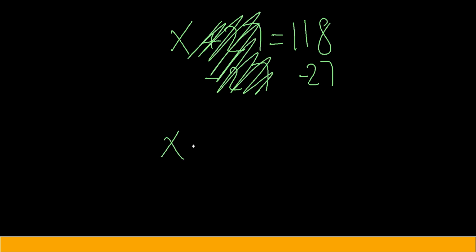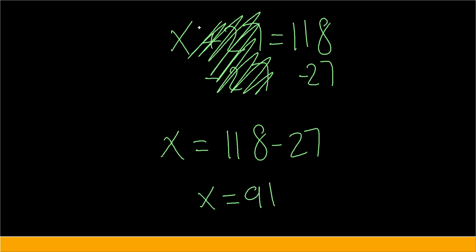So we have x equals 118 minus 27, which is 8 minus 7 is a 1. So we have 111 minus 20, 91. So the answer to this equation, which was x plus 27 equals 118, is x equals 91.